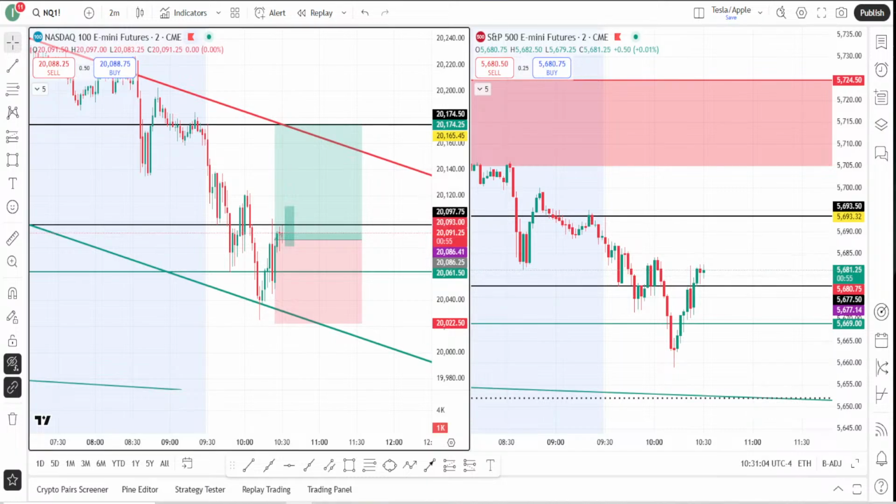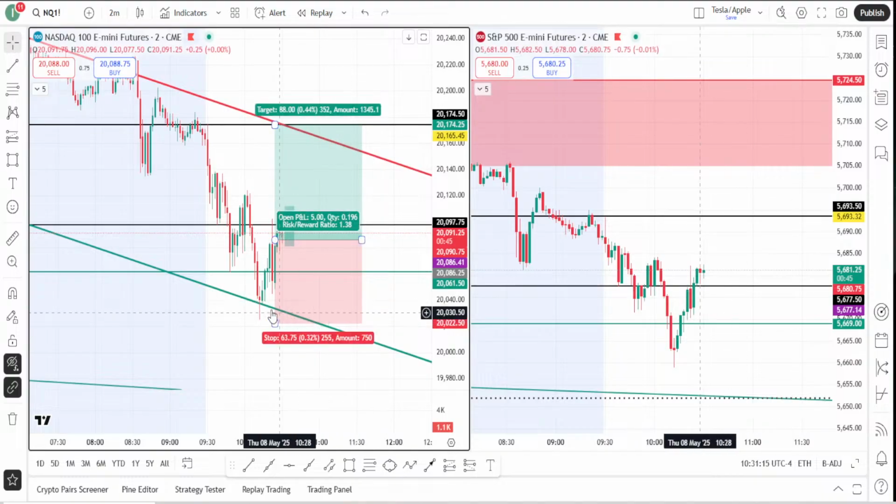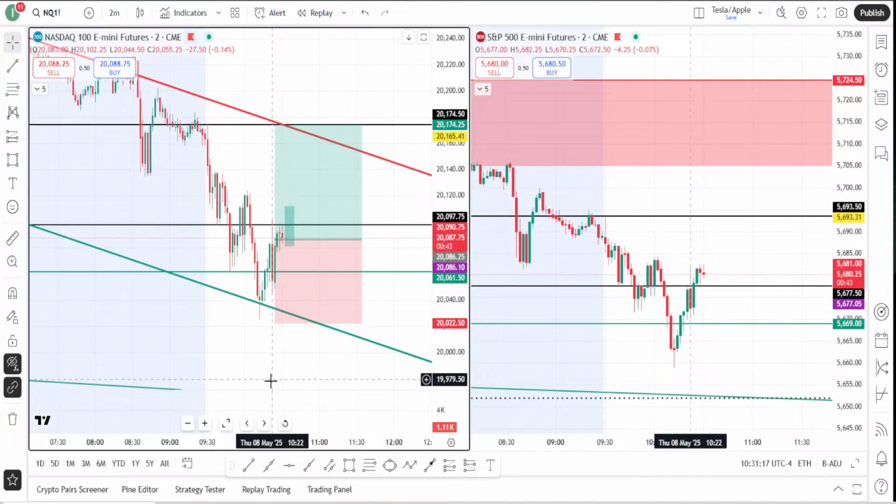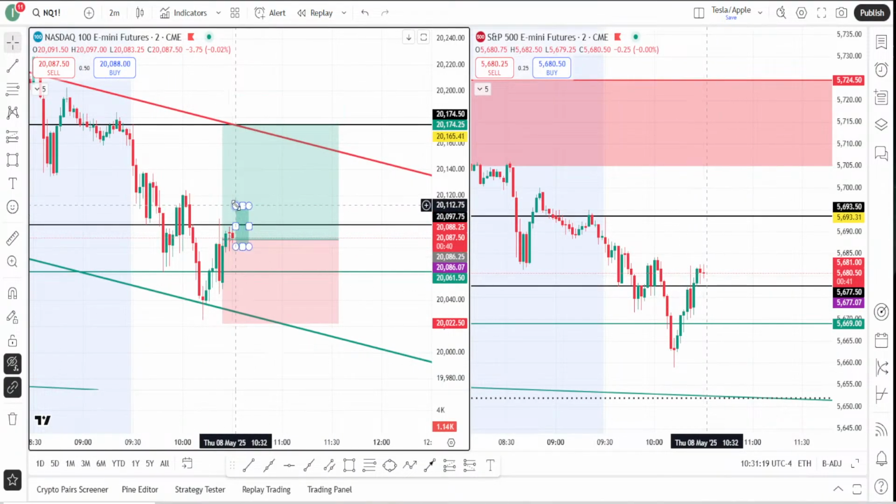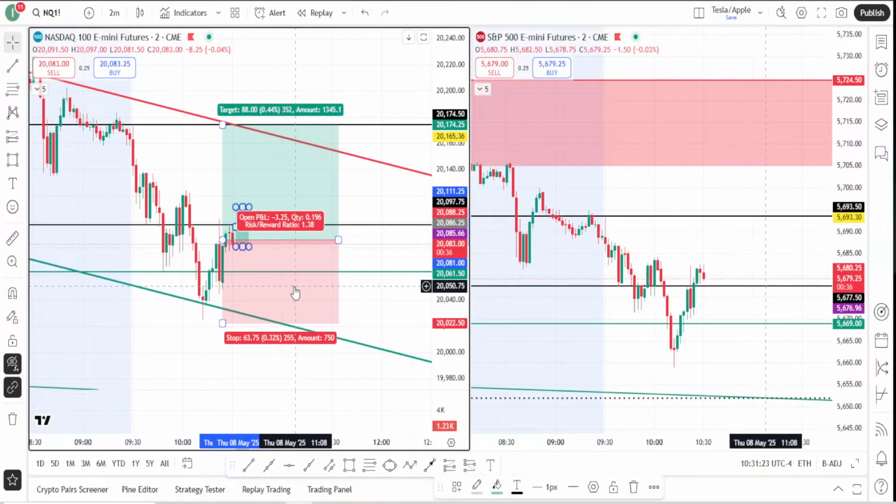How are those calls working out, man? Are they turning positive yet? Starting to move up a little bit here. Waiting for this closure back into the opening range to kind of confirm that the sellers are cooked.